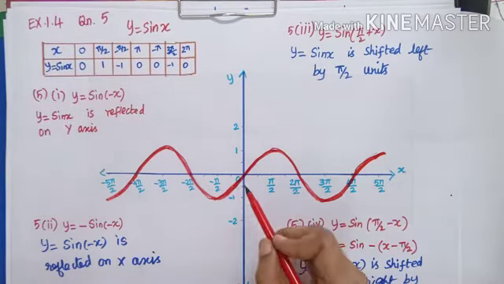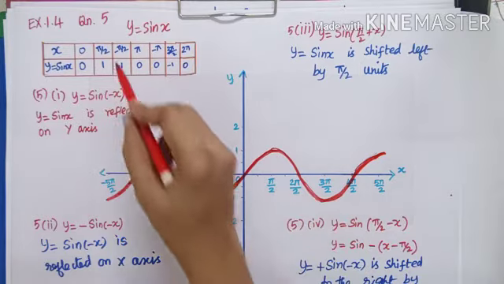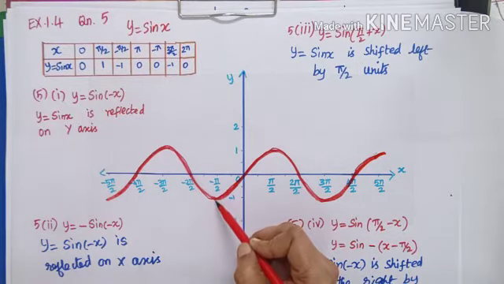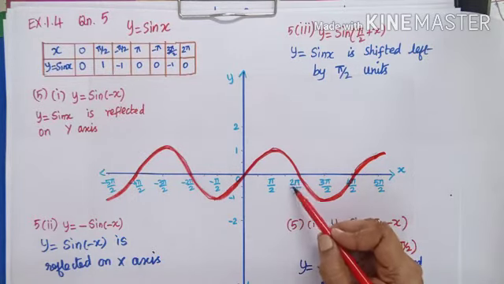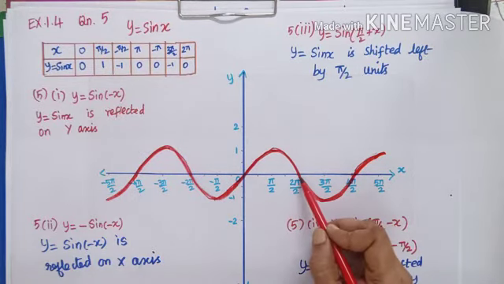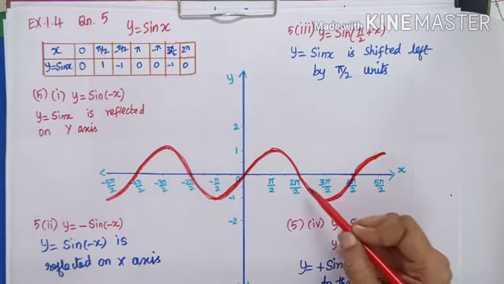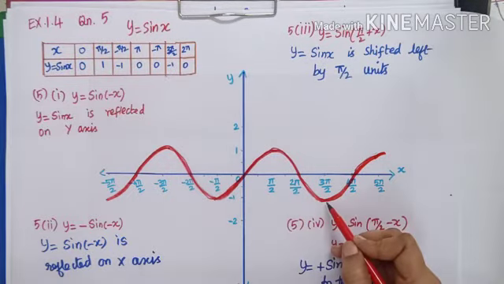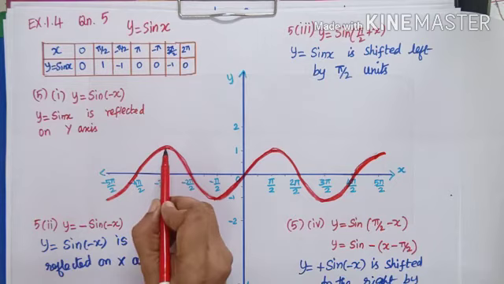Plotting 0, 0. For pi by 2 it is 1. For minus pi by 2 it is minus 1. For pi it is 0. Pi is nothing but 2 pi by 2. 2 cancels. And minus pi also it is 0. 3 pi by 2 when it comes, the value is minus 1. Minus 3 pi by 2, my answer is plus 1.